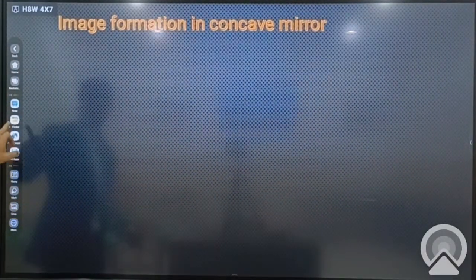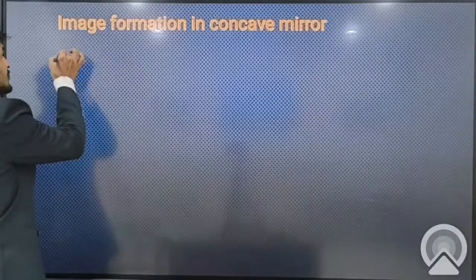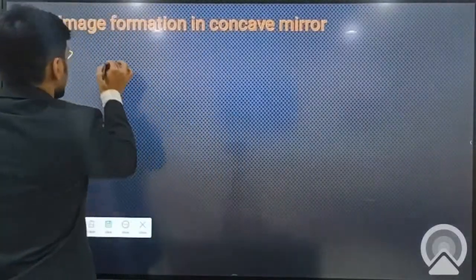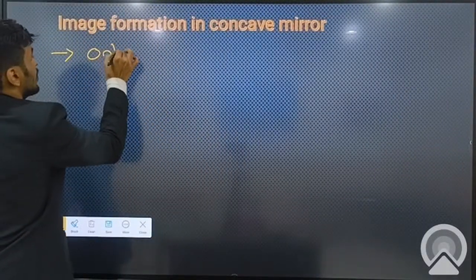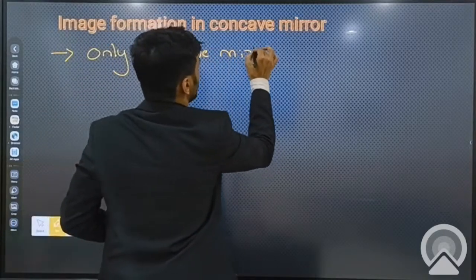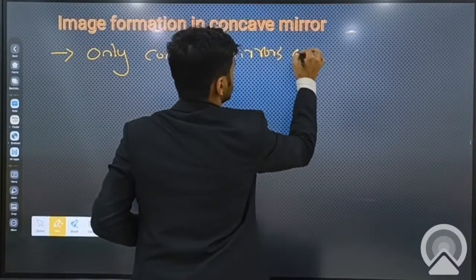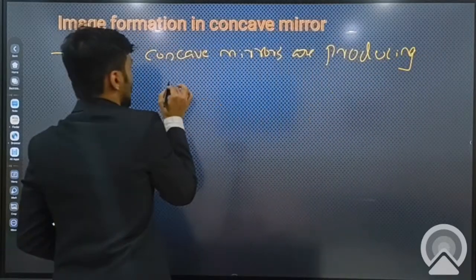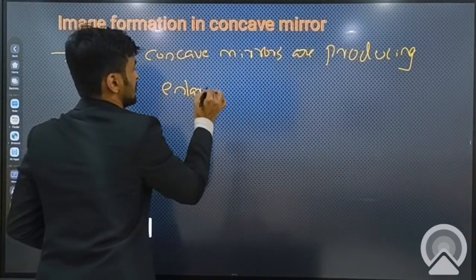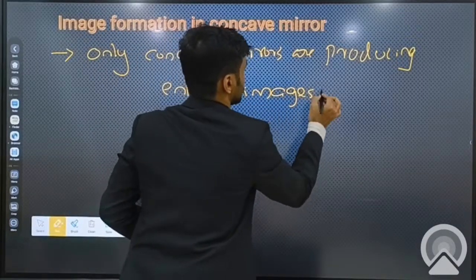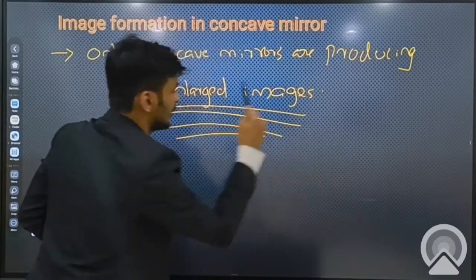Okay, and one more thing you have to remember, that is convex mirrors also produce virtual images, but only concave mirrors produce enlarged images. Clear? This is very important.